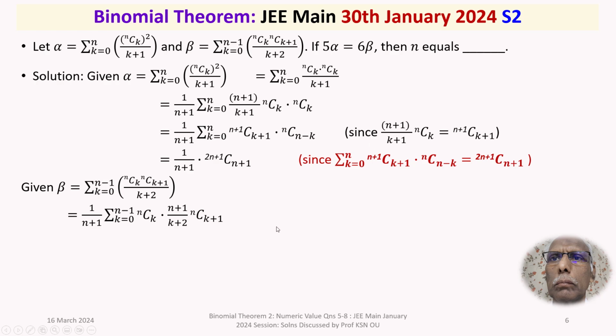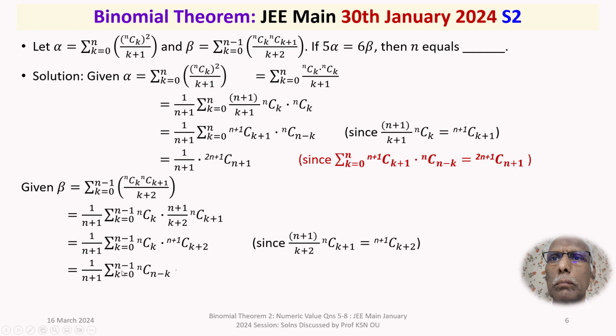So that will be equal to 1 by n plus 1 sigma k is equal to 0 to n minus 1 nCk multiplied by, for this we are using this, n plus 1 Ck plus 2. And for this nCk we write nCn minus k.